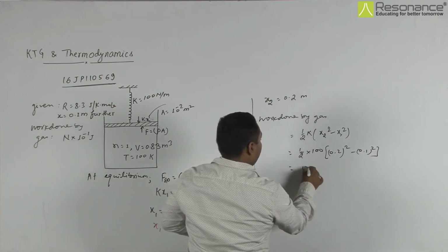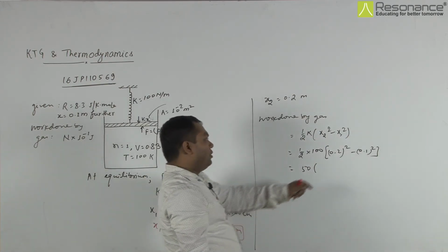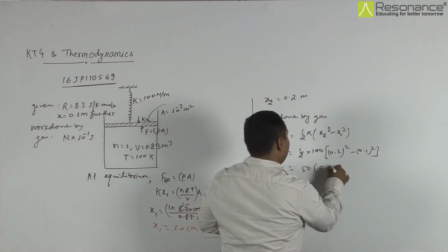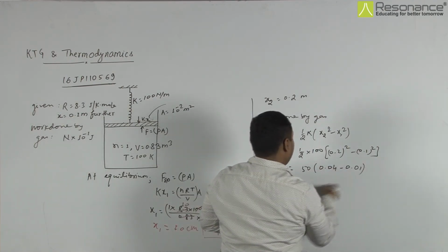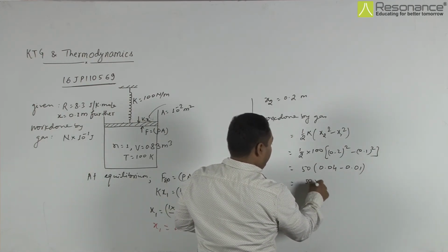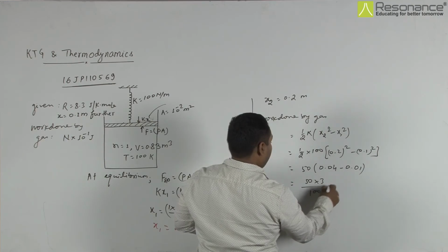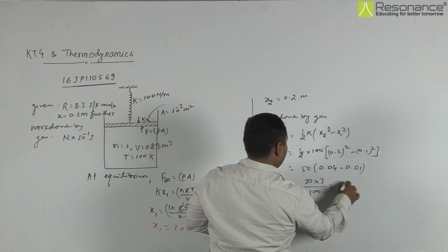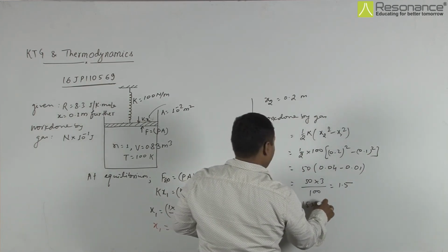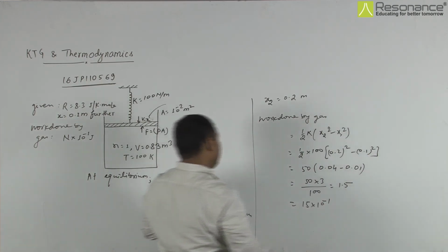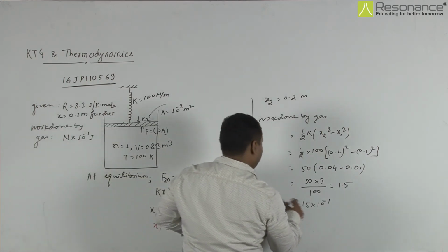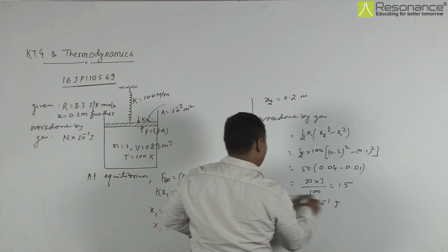By solving this, we get 50 multiplied with 0.04 minus 0.01. So this will give us 50 into 3 upon 100, which will be equal to 1.5, and we can write it as 15 multiplied with 10 power minus 1. This is the work done by gas in joule.